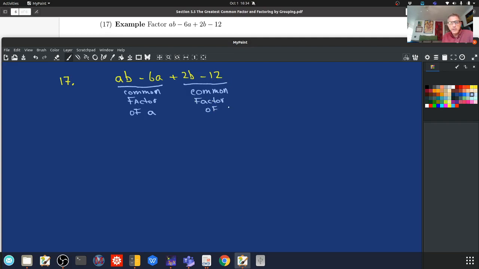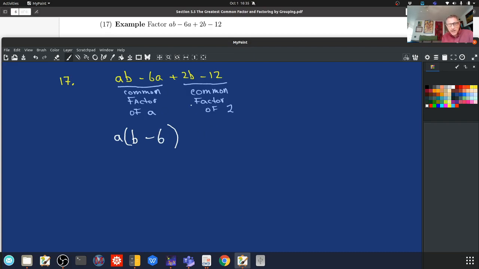So what I do is I factor out my common factor of a here. Let me do a different color. So in my first grouping, I take out my factor of a. ab divided by a leaves a b, minus 6a divided by a leaves me with minus 6.